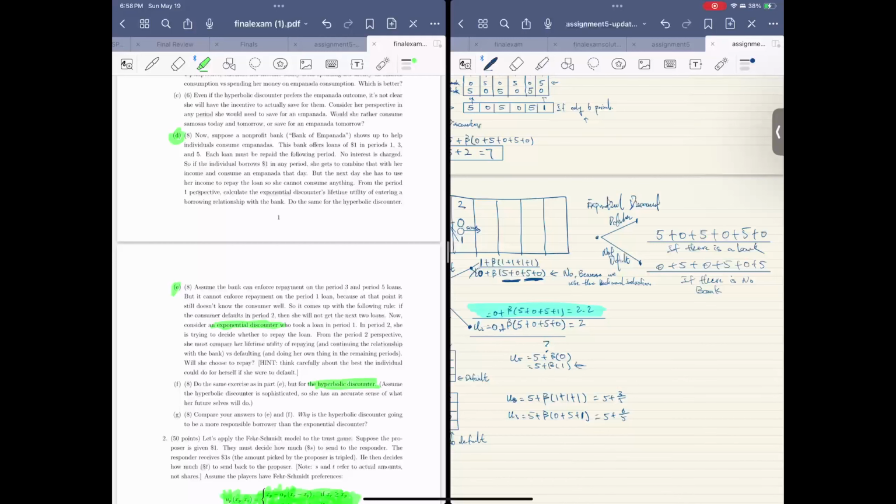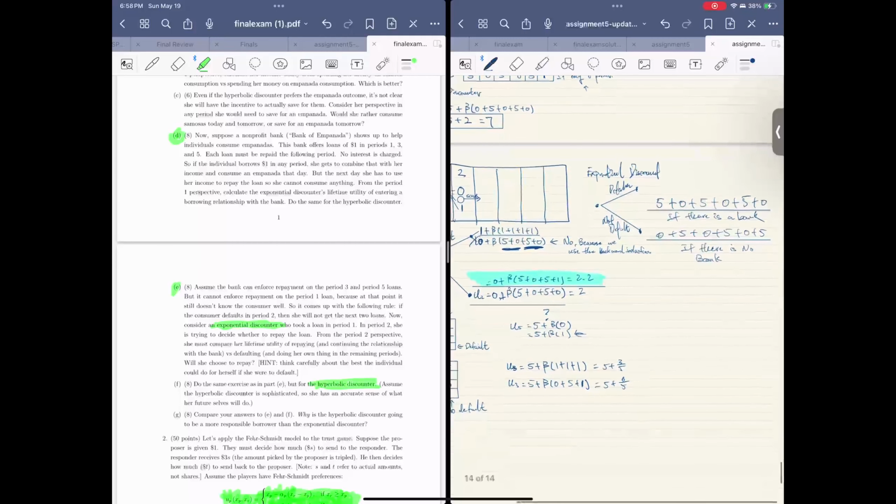The exponential discounter already saved in period 1. He's definitely going to save. Because his delta equals 1, he doesn't discount future items. So for the exponential discounter, it doesn't matter. He's indifferent about whether or not there's a bank, because it will be the same utility and the exponential discounter will follow through.